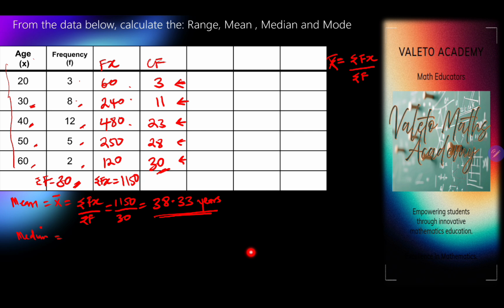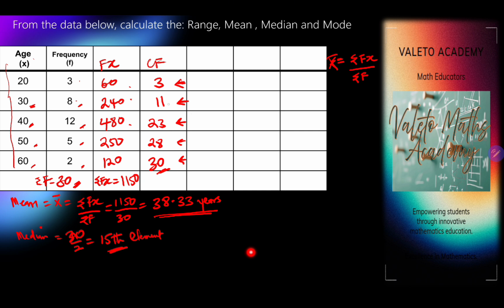To know our median, we have to divide the total frequency by 2. So n over 2 is equal to 15, since n here is 30. 30 divided by 2 is the 15th element. It means that our median is the 15th element in this data set. So where does the 15th element come?